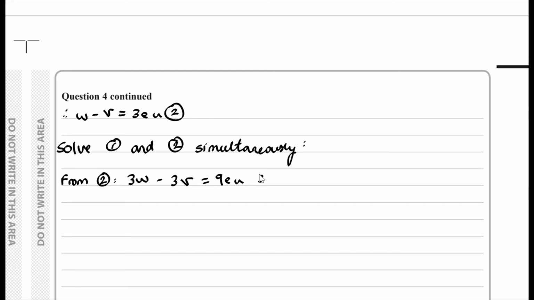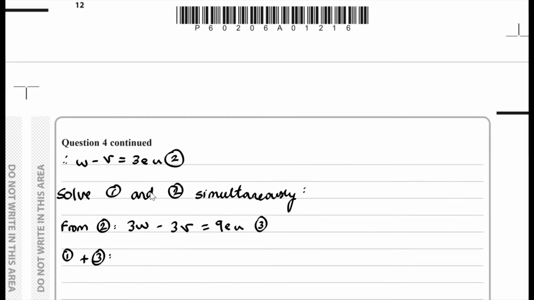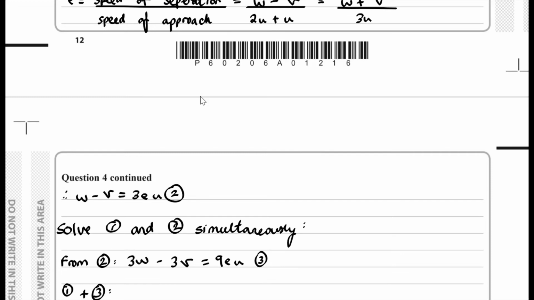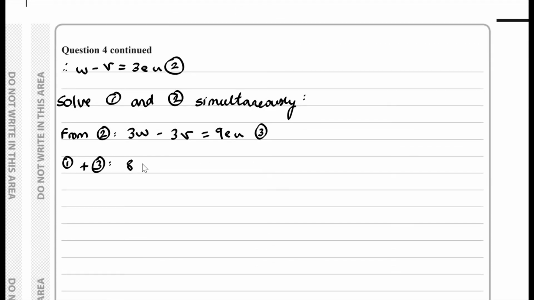Call this equation 3. And if we add equation 1 to equation 3, adding them together, we have 3w plus 5w, that's 8w. And the minus 3v and the positive 3v cancel, and on the other side we have u plus 9eu, doesn't make a difference. So if we factorize out a u from both sides, we have u lots of 9e plus 1.